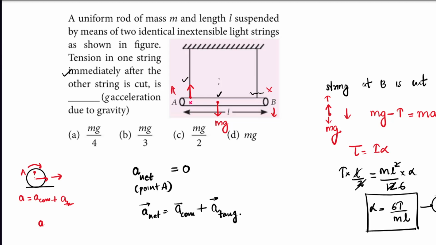And the tangential acceleration, you've studied, is r alpha, where r is the distance from the point of rotation.